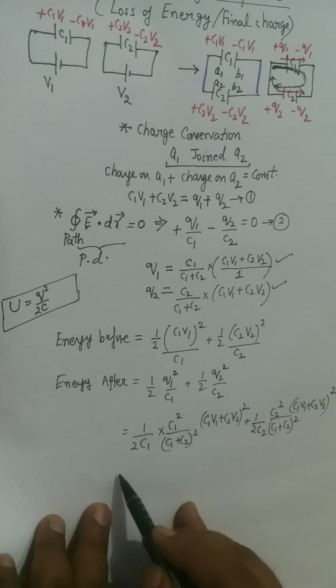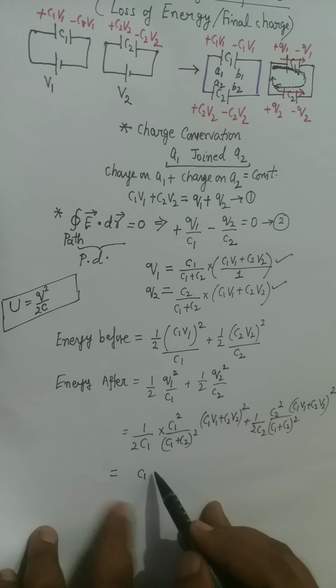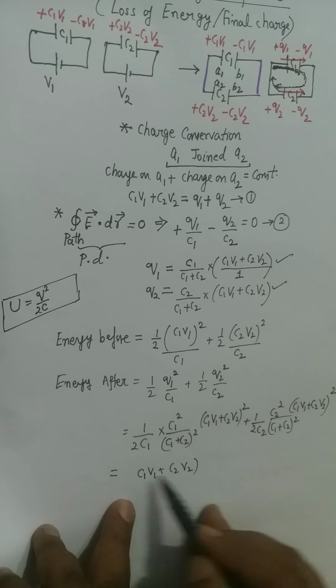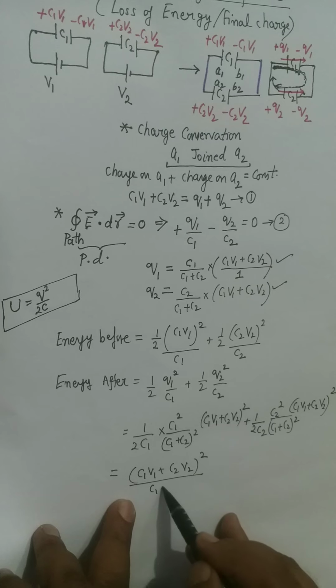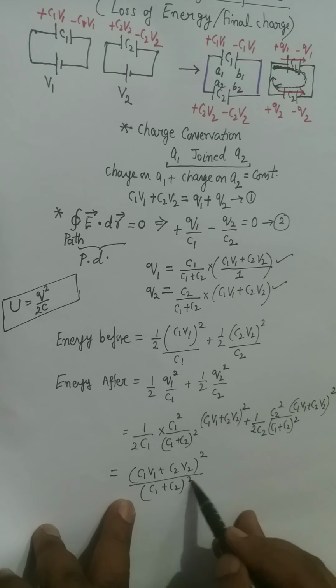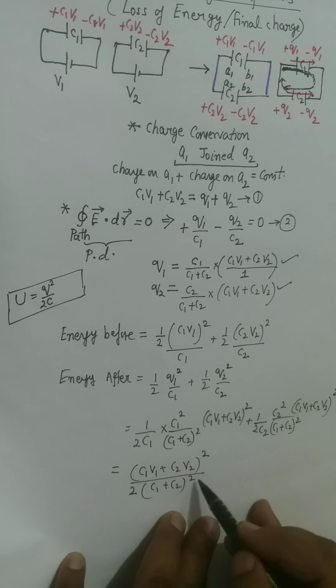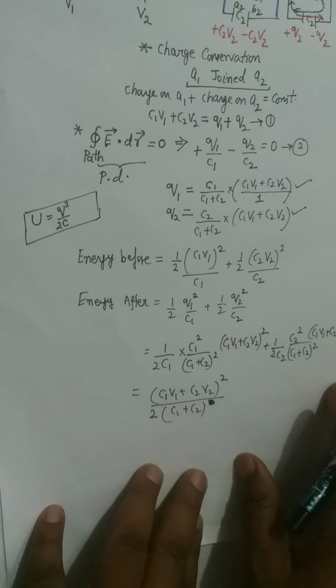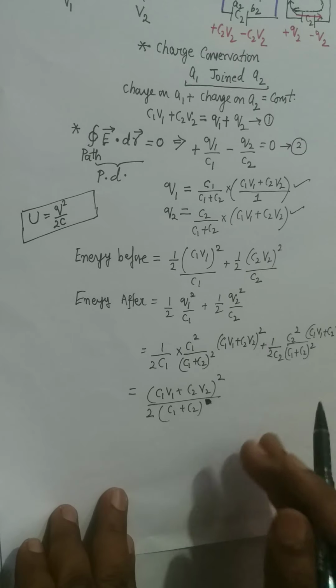Now you can simplify this expression. After simplification, C1 V1 plus C2 V2 whole square will be a common parameter, divided by C1 plus C2 square, and 2 will be common, and then you will get C1 plus C2. So this C1 plus C2 square will be cancelled out. So this is the final energy: C1 V1 plus C2 V2 whole square divided by twice of C1 plus C2.